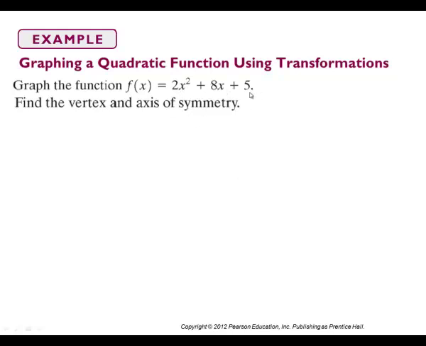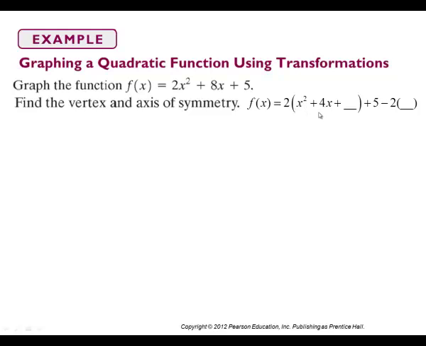So here we have 2x squared plus 8x plus 5, and we want to find the vertex and the axis of symmetry. So basically what we want to do here is factor out the common factor 2 out of the first two terms. When we do that, we get x squared plus 4x, but we need that b over 2 in parentheses squared here.